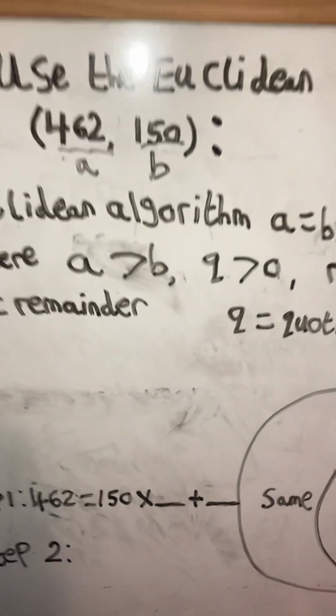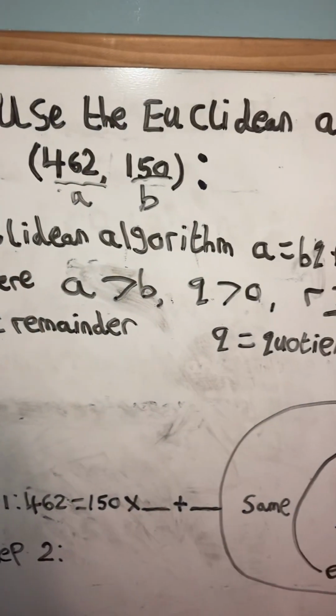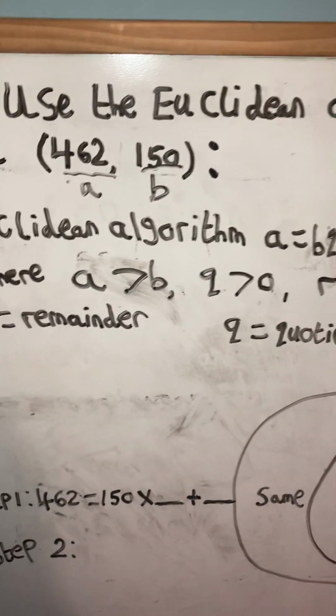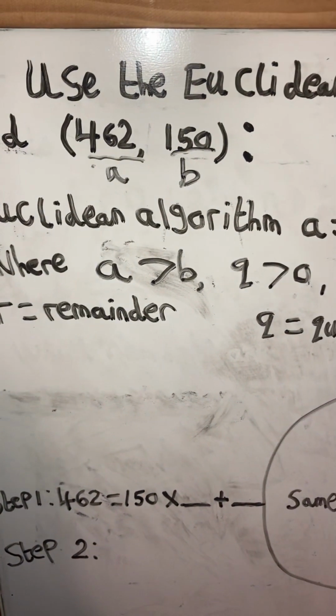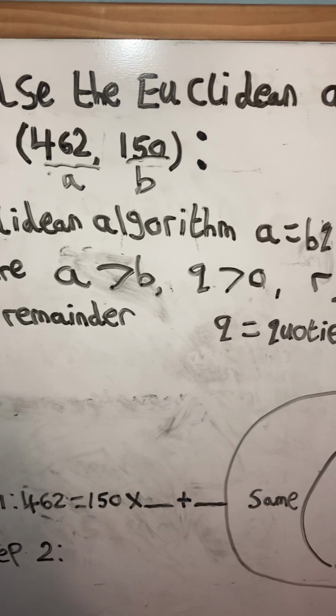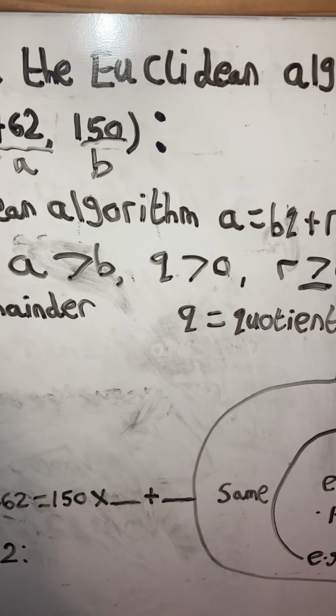So how does the Euclidean algorithm look? The first step: if we want A equals BQ plus R, we take A, which is 462, and set it equal to 150 multiplied by some number, plus a remainder.